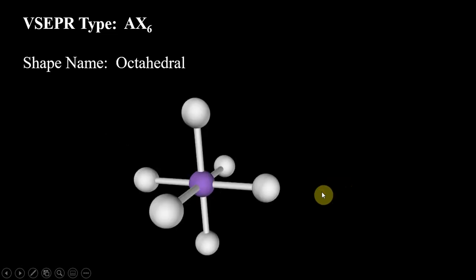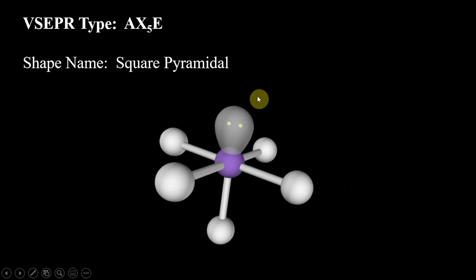The AX6 family is the octahedral. This one does weird things. It's not like the AX5 family where we replace the ones in the plane. We actually start with the end ones with the AX6 family. So AX5E becomes the square pyramid. Upside down, you can see that a little bit clearer. There is a lone pair down here, which leaves these in a plane, and this one is up to form the tip of the pyramid.